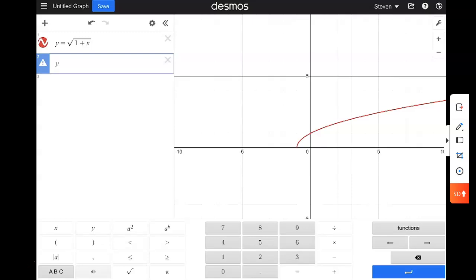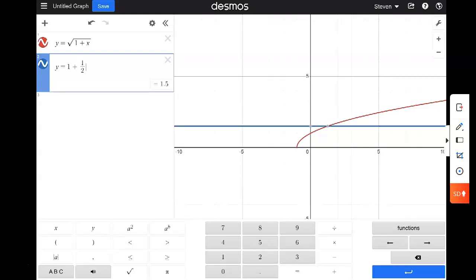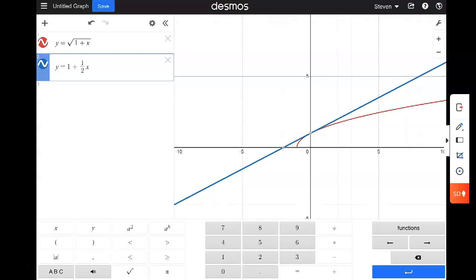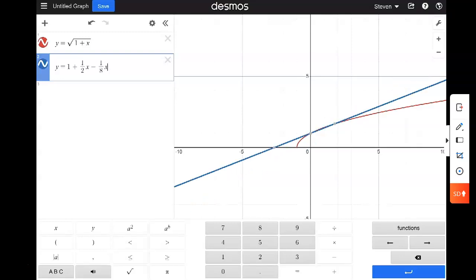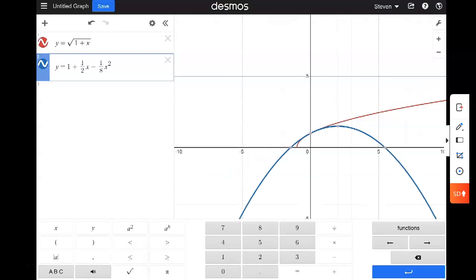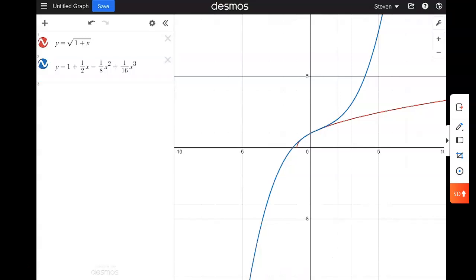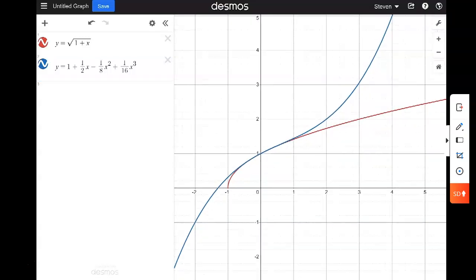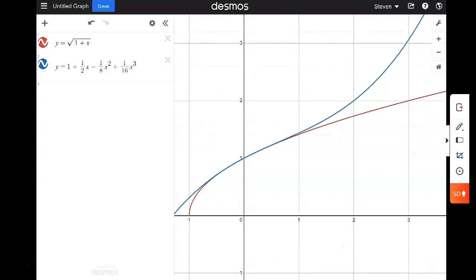And on the other hand, our approximation looks like this: 1 plus 1/2 x minus 1/8 x squared plus 1/16 x to the third.